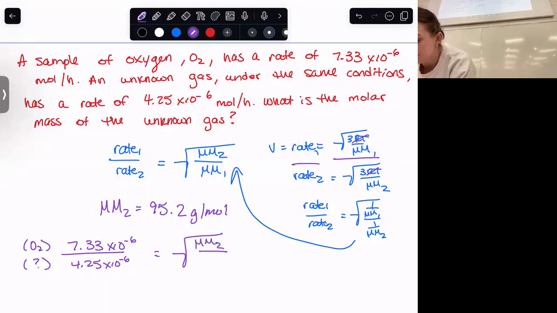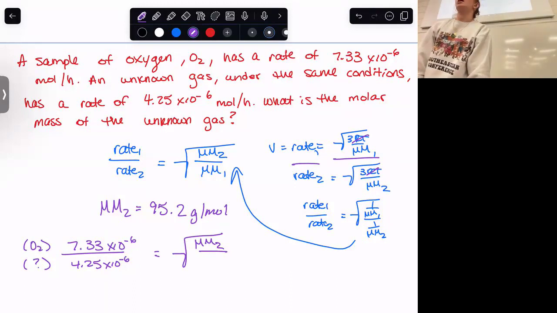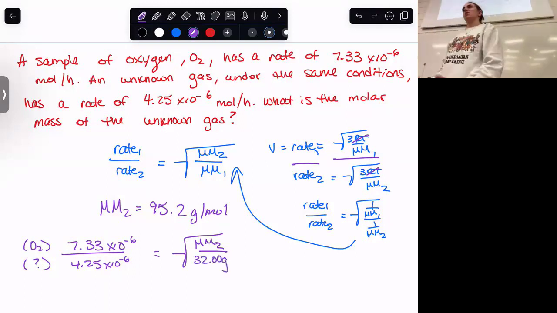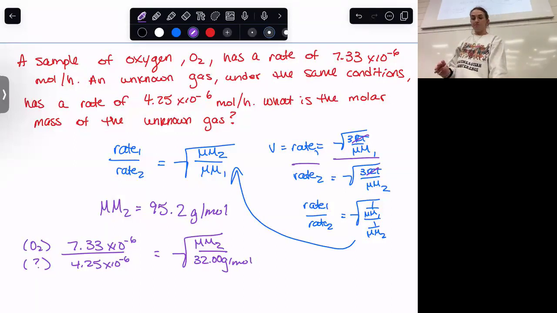What I'm solving for, because my rate 2 is on the bottom, I need to put my unknown mass on the top of the right-hand side of my equation. And then again, oxygen is diatomic, so we need 2 oxygen atoms. So that's going to be 32.00 grams-ish per mole for our molar mass of oxygen. And then you can plug and chug from there.